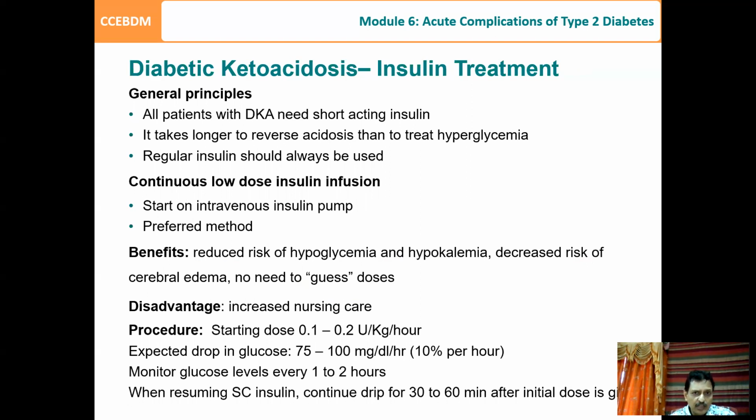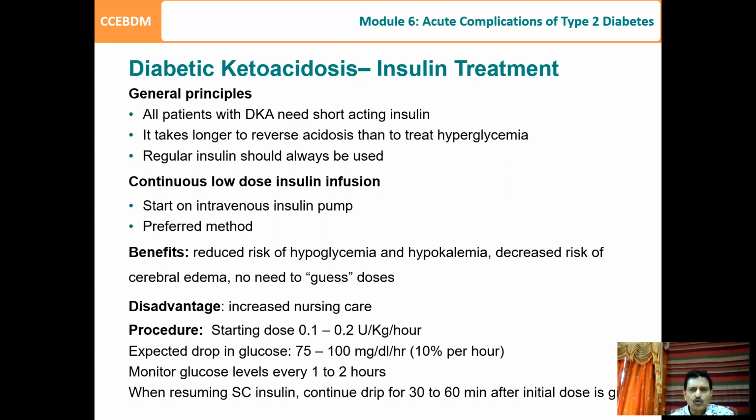And if we give the intravenous insulin in an insulin pump, and if we give a low-dose insulin, that will reduce the risk of hypoglycemia, hypokalemia, and decrease the risk of cerebral edema. And there is no need to guess the dose. You just continue with the same dose. Don't change it with respect to the blood glucose level. You just continue with the same dose, and it progressively improves the ketogenic process.